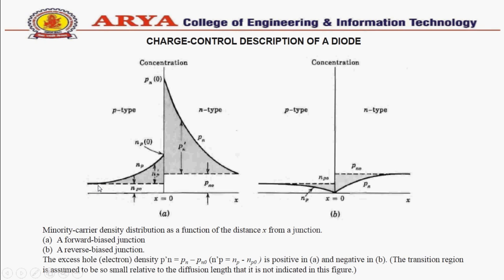The excess minority charge Q will then exist only on the N side and is given by the shaded area in the N region of figure A, multiplied by the diode cross section A and the electronic charge q.